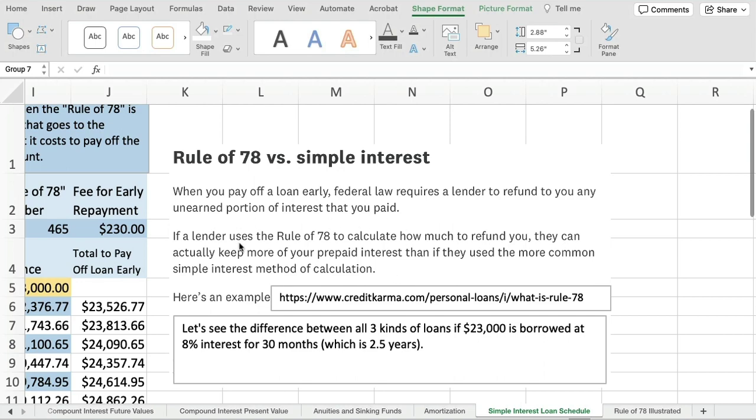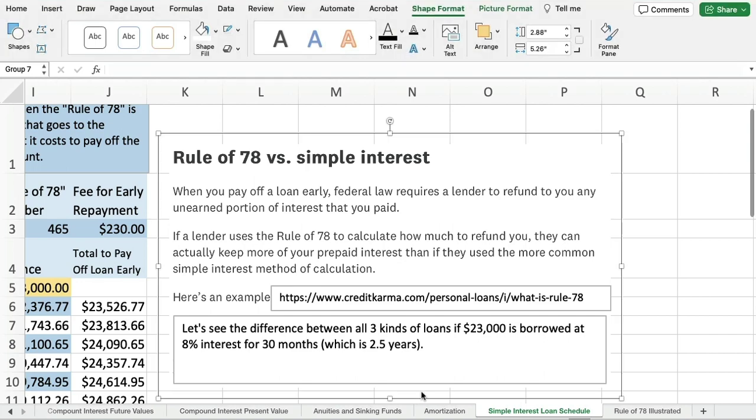But it's explained a little bit more in detail on this website, creditkarma.com/personal-loans/I/what-is-rule-78, with dashes in between all those words. So you can see the URL right here on the screen. If you want to visit there, you can.